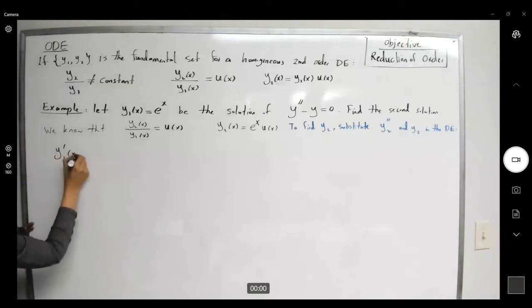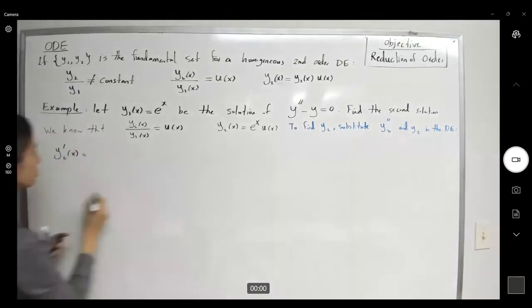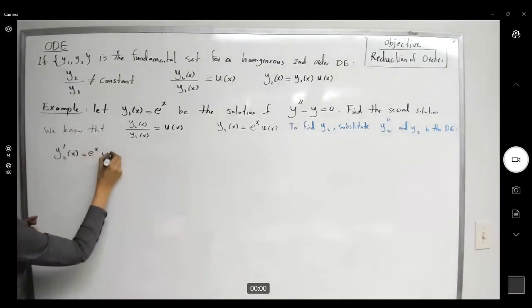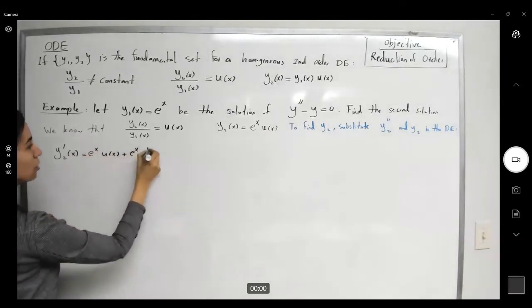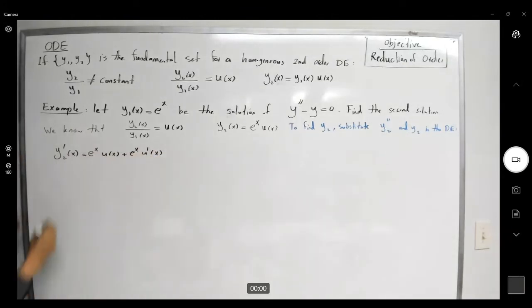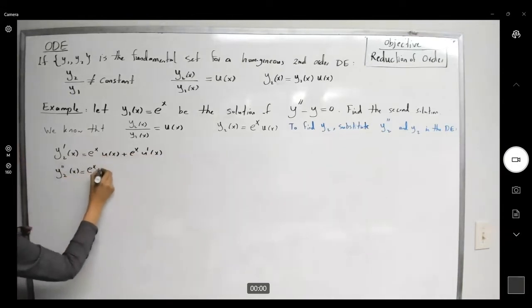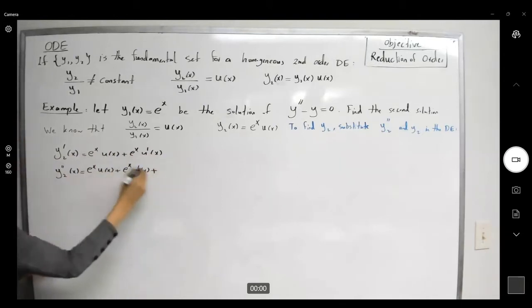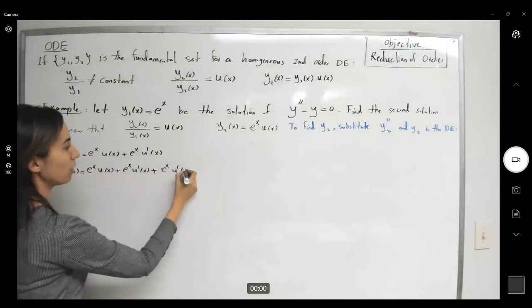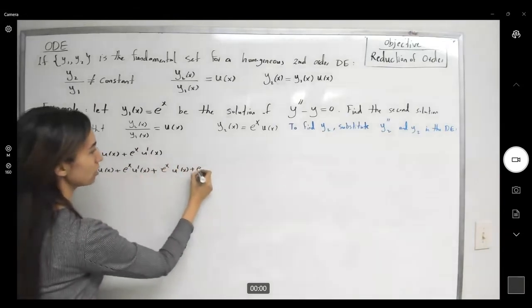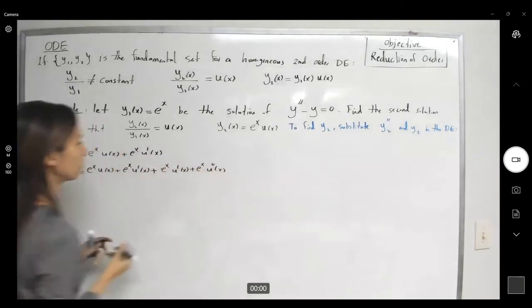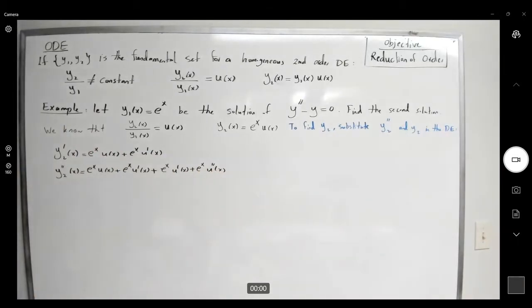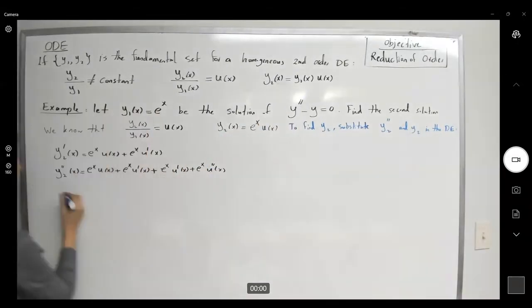The first derivative of y2 using the product rule becomes e to the x u of x plus e to the x u prime of x. Now, the second derivative of y2 becomes, again applying the product rule, e to the x u of x plus e to the x u prime of x plus e to the x u prime of x, and plus e to the x times the second derivative of u. So let us substitute the whole thing into the differential equation.